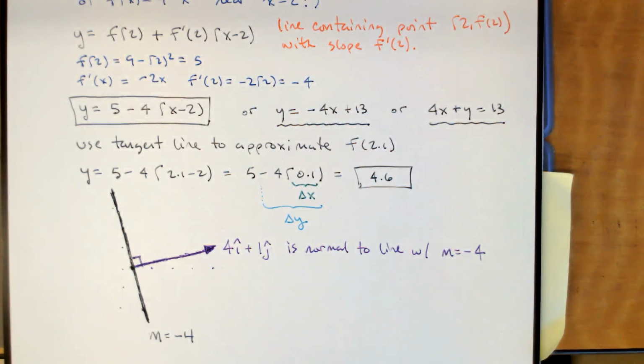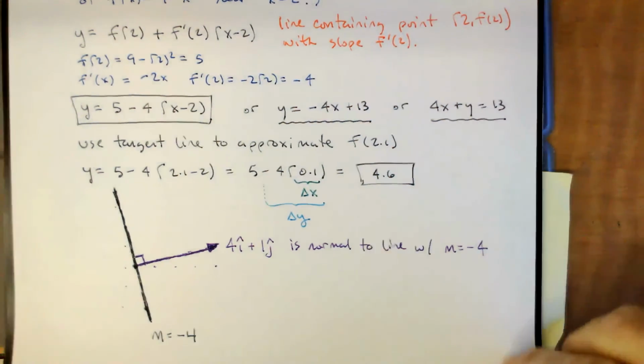We want to do the same calculations in a different context. The same calculations, but with a function of 2 variables. So we're going to be creating a surface. And we can find the equation of the plane tangent to the surface at a given point.